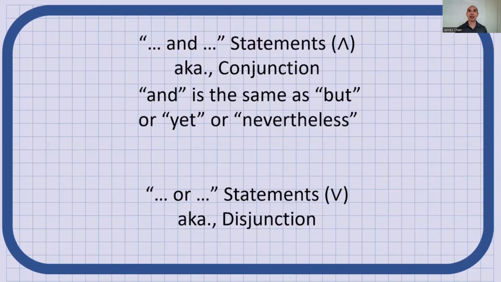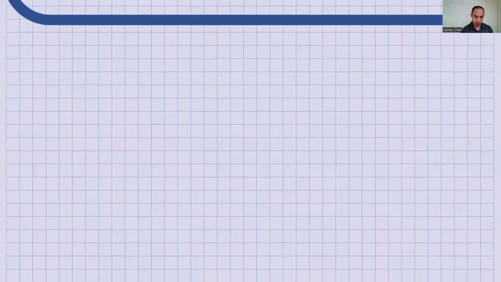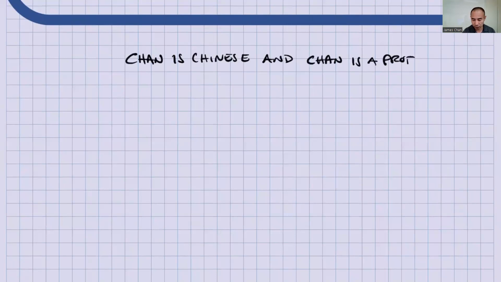Any questions on that? And now there's going to be two statements. Chan is Chinese, and Chan is a professor. Right? This is true and this is true, right?